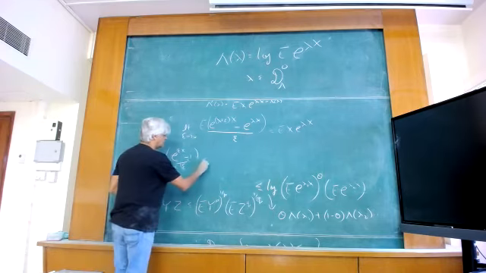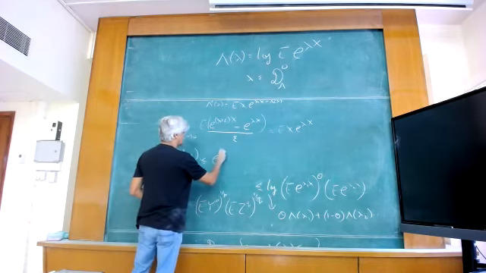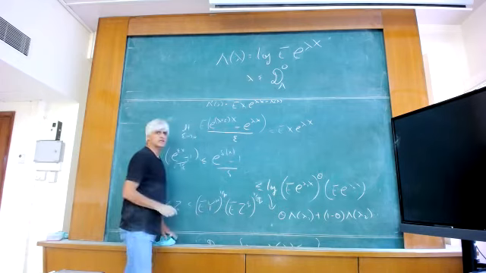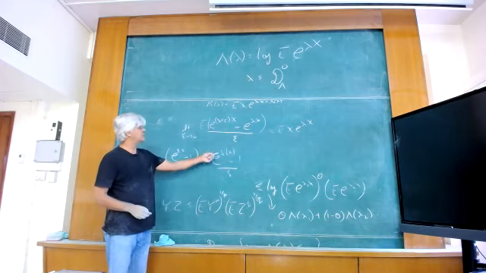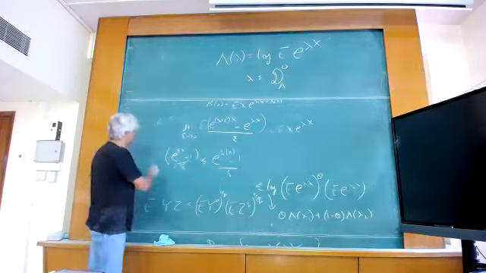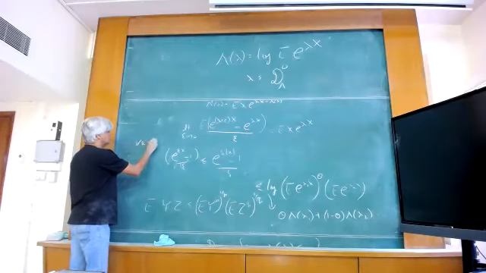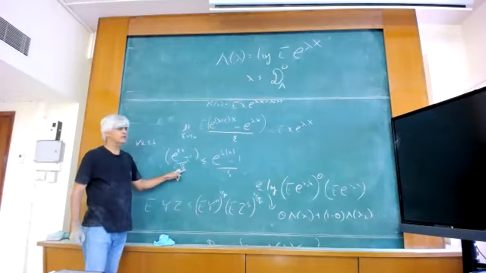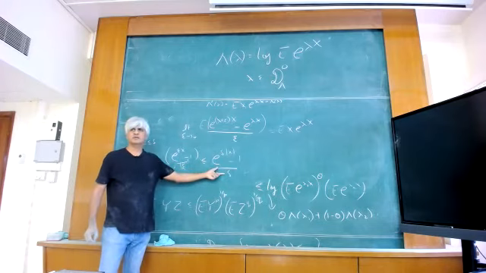This I can dominate by (e^(δ|X|) minus 1) upon δ for some δ. Because I'm in an open set in my domain of finiteness, I can find some δ, and for all ε less than or equal to δ, I get this property.